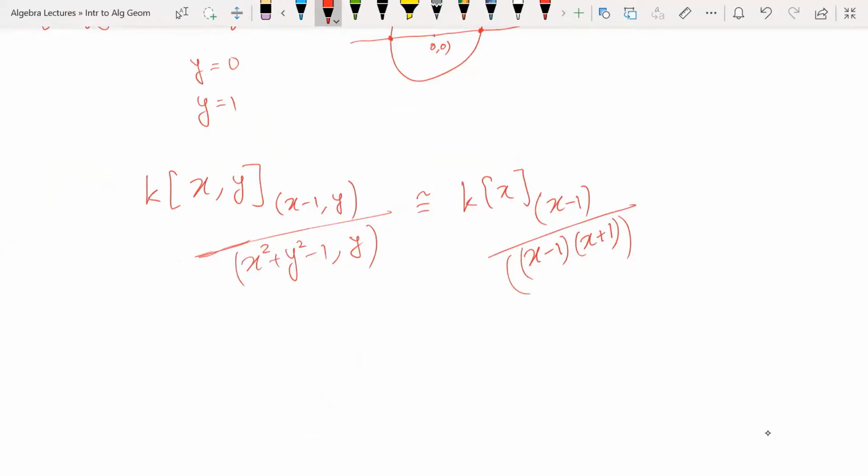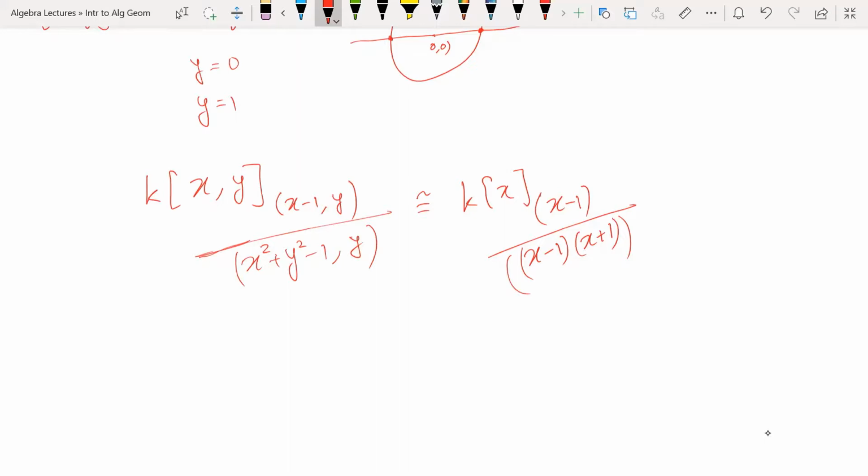Do you see that x plus 1 is a unit? The point is x plus 1 does not belong to the maximal ideal generated by x minus 1, so x plus 1 is a unit in this localized ring.